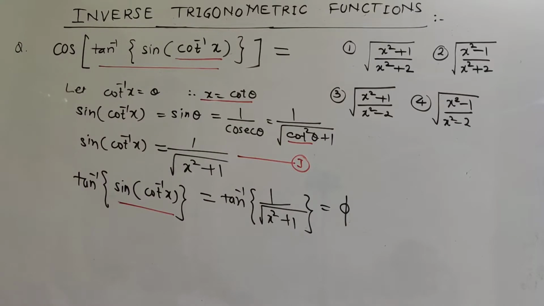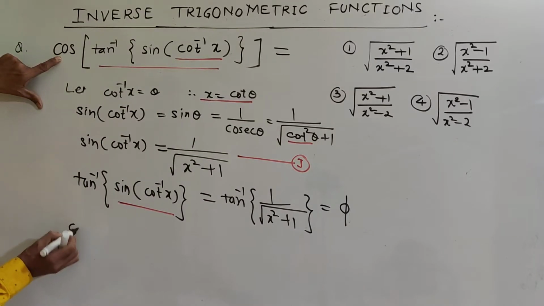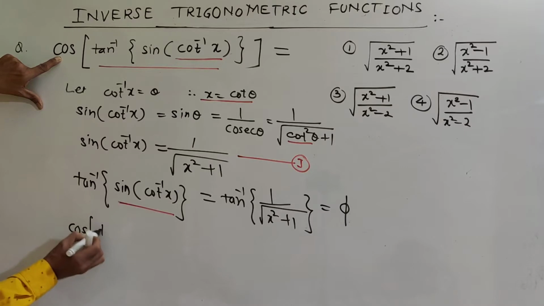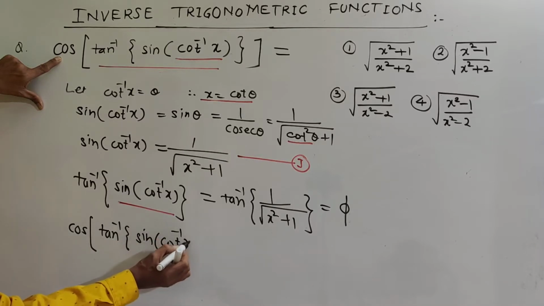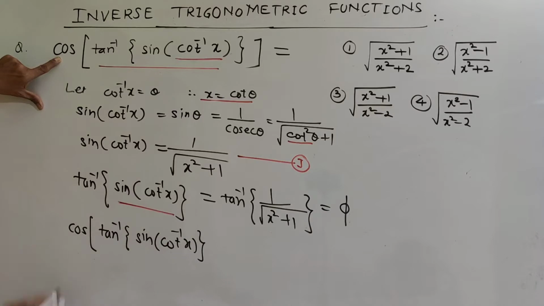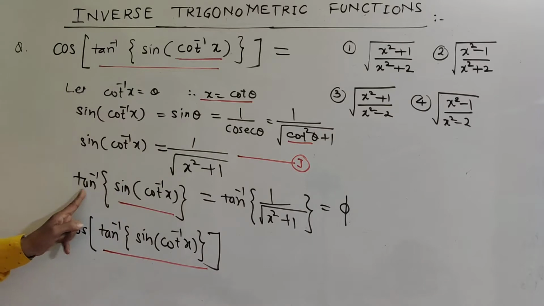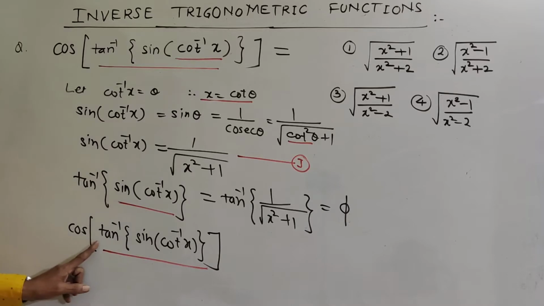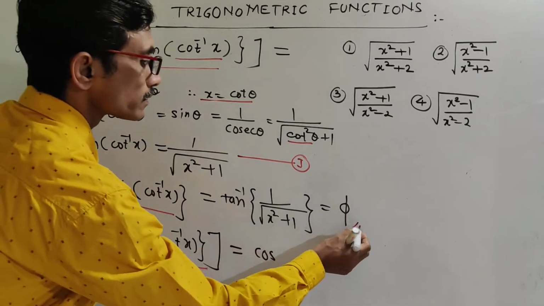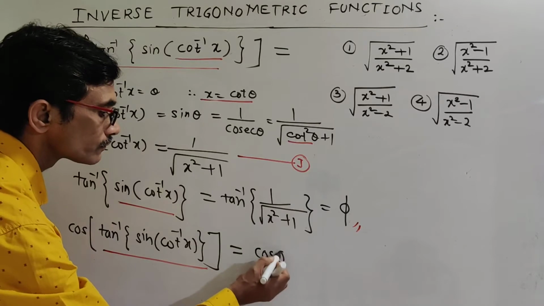Now we consider cos of tan inverse of sine of cot inverse of x. We have tan inverse of sine of cot inverse x equal to phi. So we can write this as cos of phi.